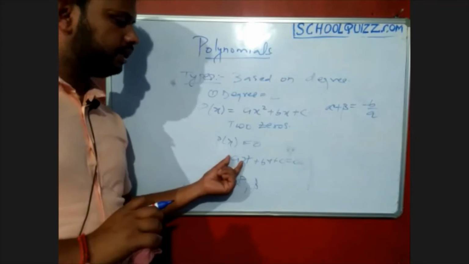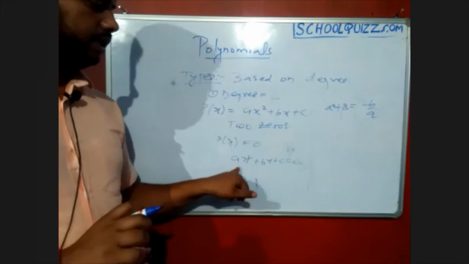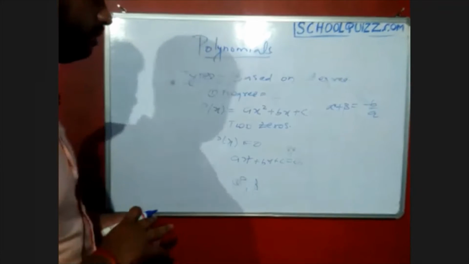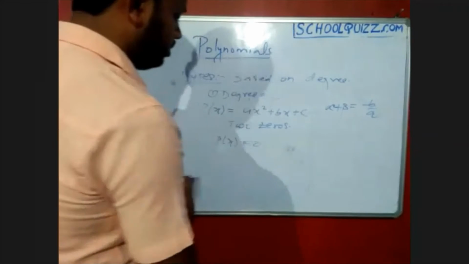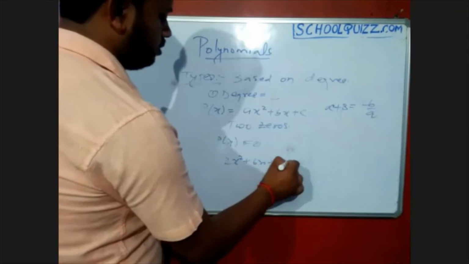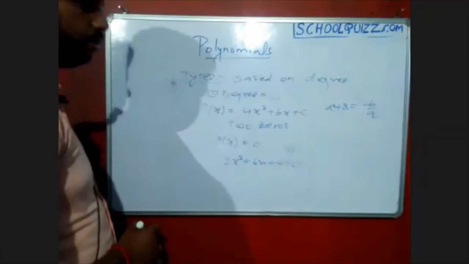Make the coefficient 1. Suppose we choose any one question: 2x square plus 6x plus 4 equals 0.